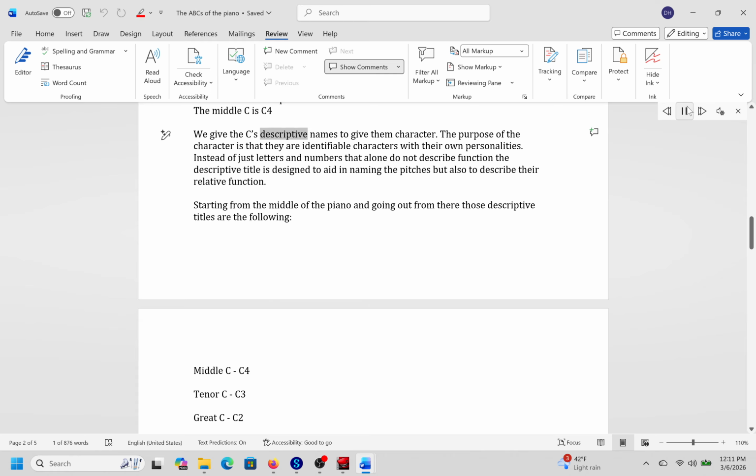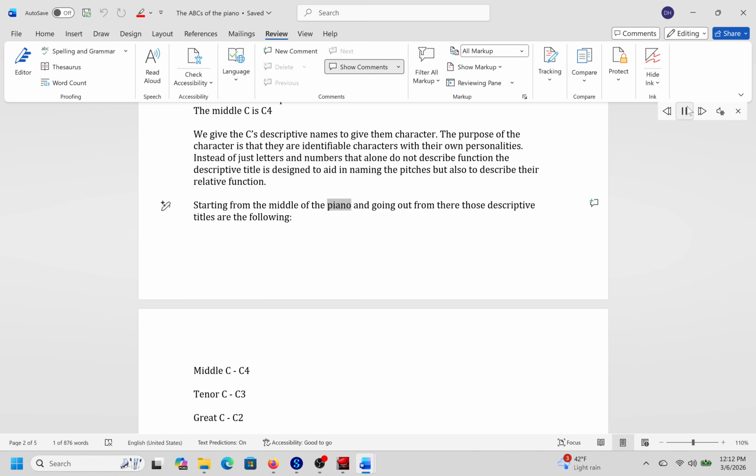We give the C's descriptive names to give them character. The purpose of the character is that they are identifiable characters with their own personalities. Instead of just letters and numbers that alone do not describe function, the descriptive title is designed to aid in naming the pitches, but also to describe their relative function.